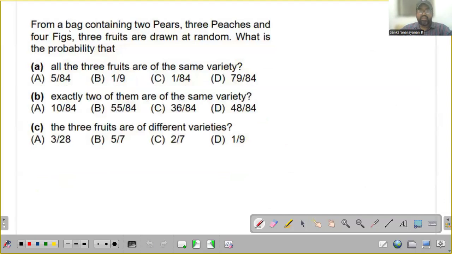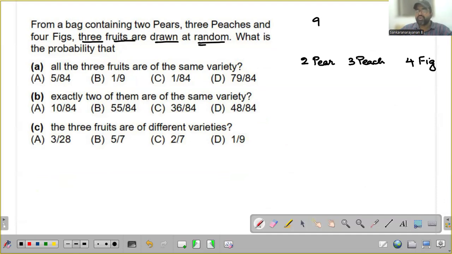From a bag that contains 2 pears, 3 peach, and 4 fig. What is happening? Total is 4, 5, 6, 7, 8, 9. 9 are there in total. 3 fruits are drawn at random.